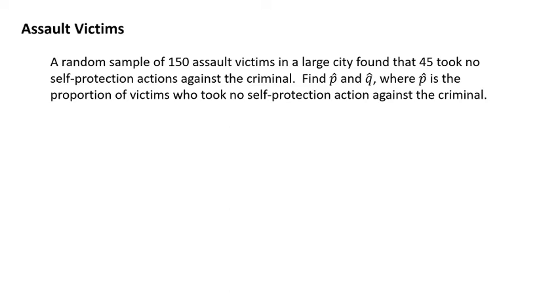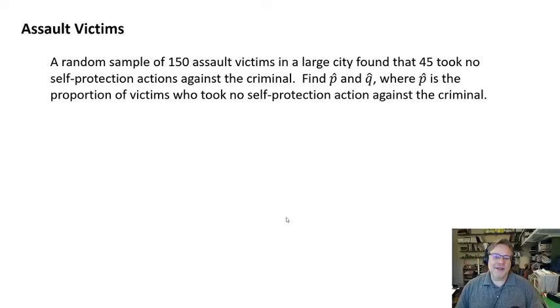Okay, so let's take an example where we're calculating p hat and q hat. A random sample of 150 assault victims in a large city found that 45 of them took no self-protection action against the criminal. So find p hat and q hat, where p hat is the proportion of victims. Notice we're dealing with proportions here, not just the usual numbers.